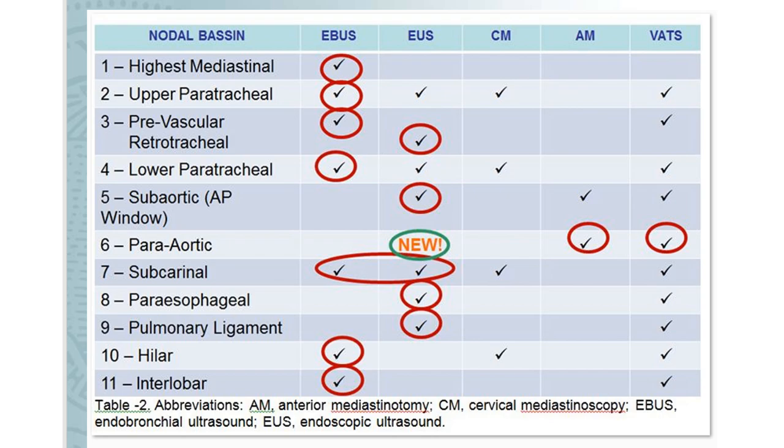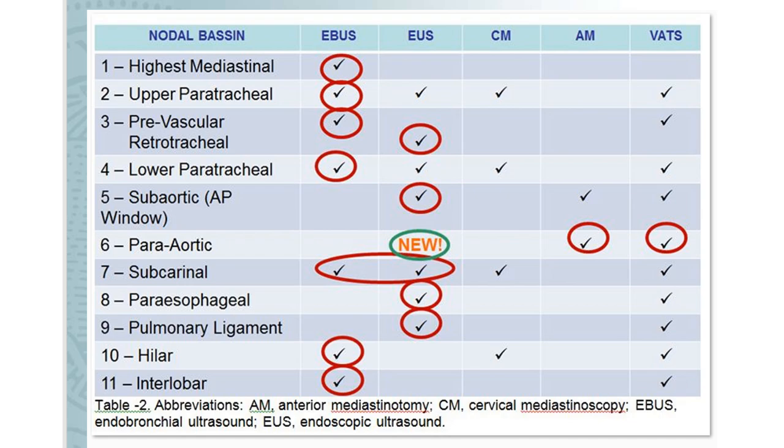With EUS, you can sample stations 2, 3P, 4L, 5 and 6, which I will go over as to how we access 5 and 6 with and without traversing the blood vessels.